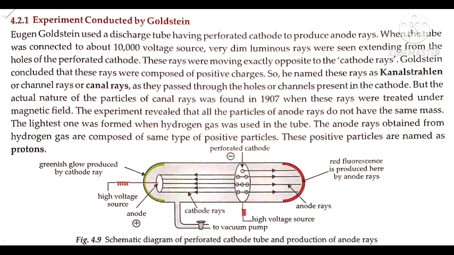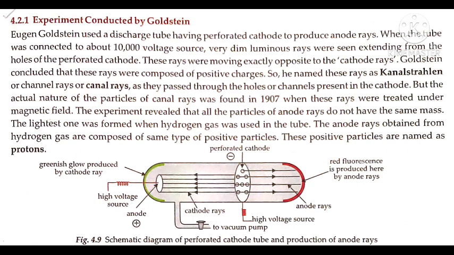These rays were moving exactly opposite to the cathode rays. Goldstein concluded that these rays were composed of positive charges. So, he named these rays Kanalstrahlen or channel rays or canal rays, as they passed through the holes or channels present in the cathode.